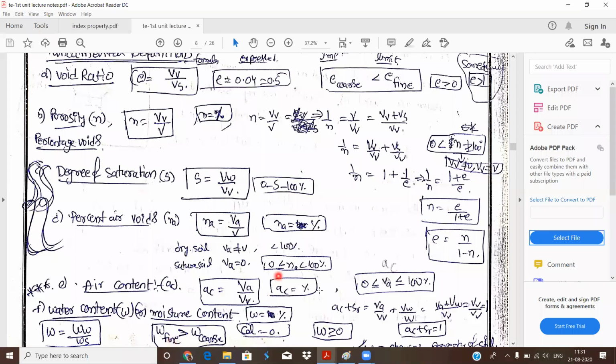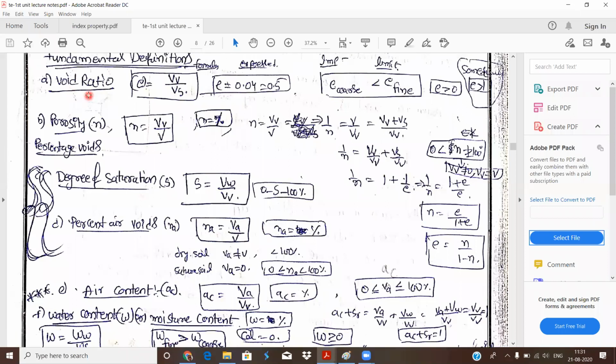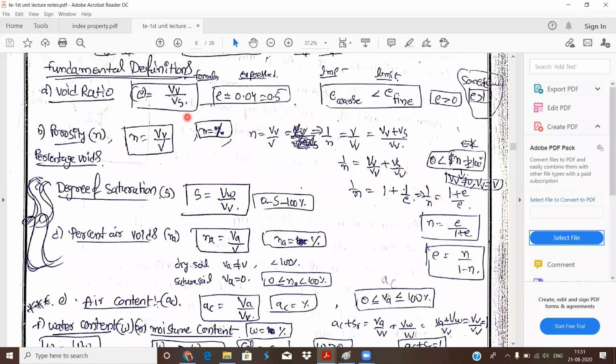Once again, I will repeat all the definitions. Void ratio is the ratio of volume of voids to the volume of solids. Porosity is the ratio of volume of voids to the total volume. Porosity is related to the total volume of soil, while void ratio is related to the volume of solids only.